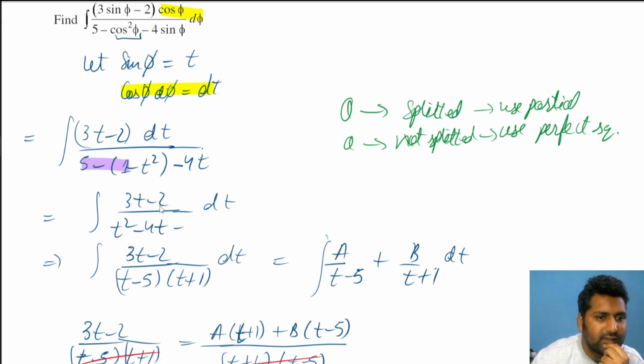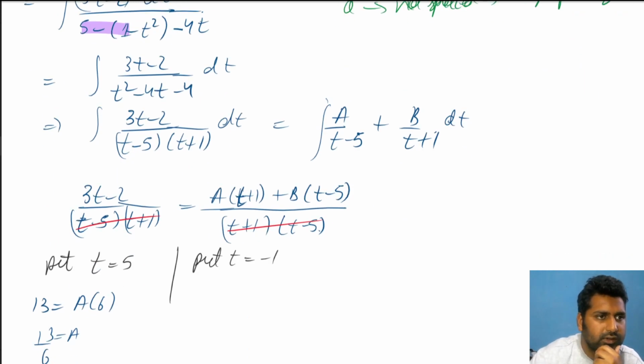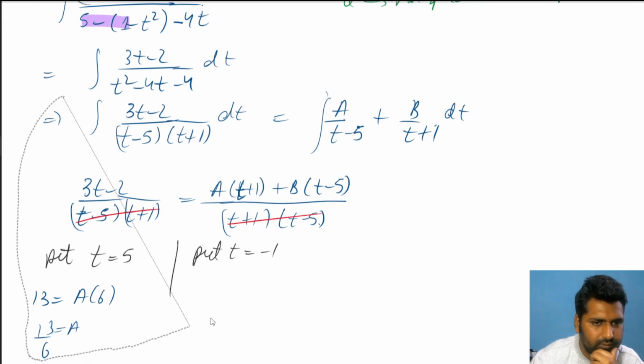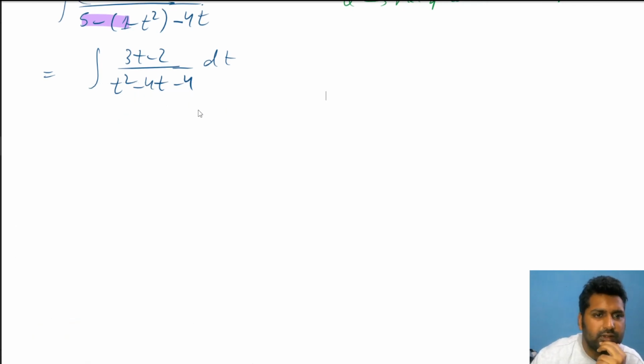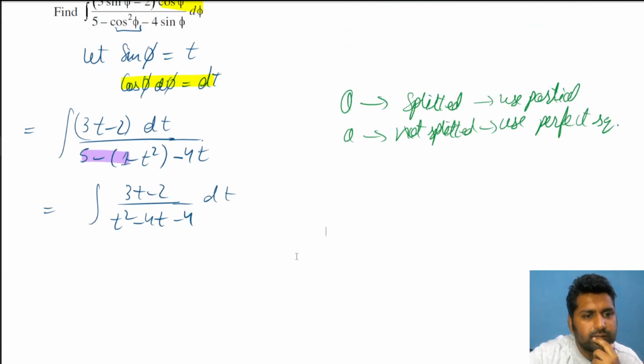So this is 4, and I'll have to redo all the steps here. The reason I knew this is because I've done this question a lot of times, so I knew that a and b were very good values.